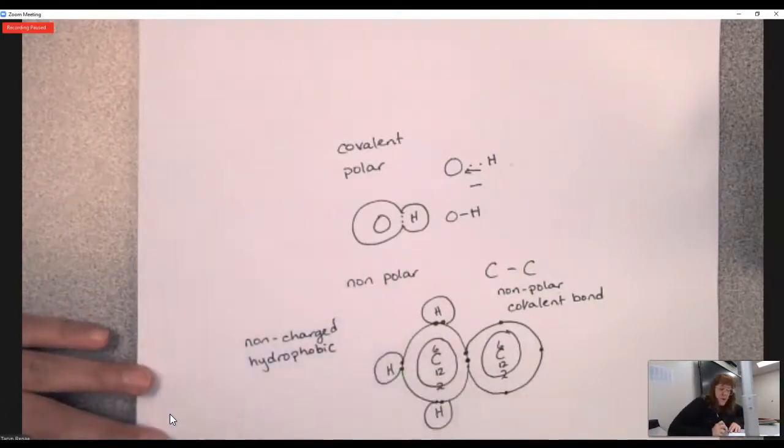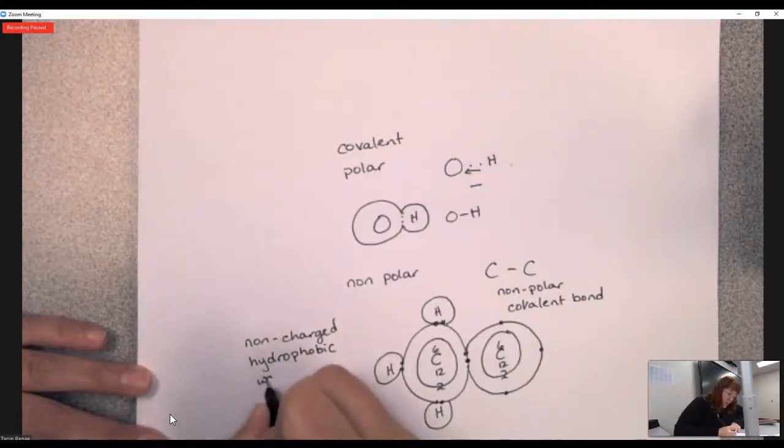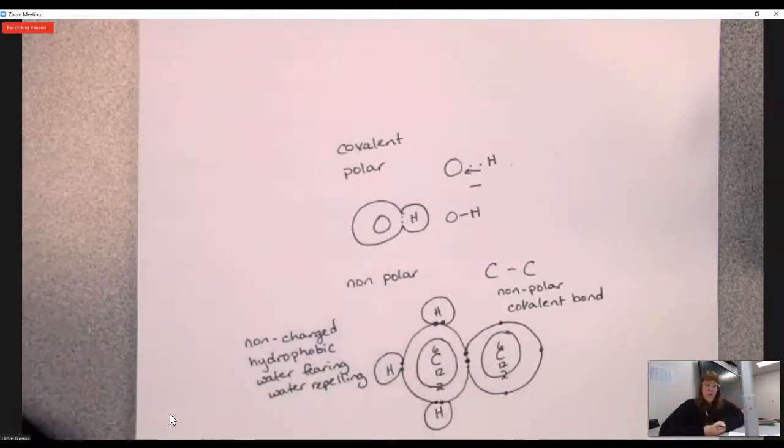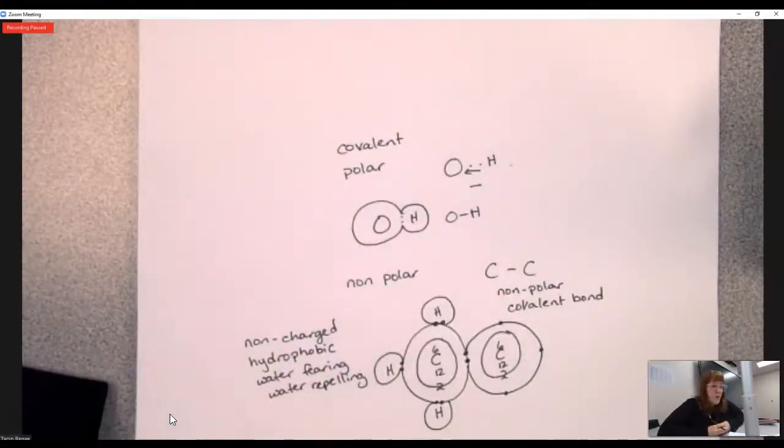Anything that's non-charged or non-ionic or non-polar, all of those words are kind of interchangeable. All of those are hydrophobic, or water-fearing, or water repellent. Water does not get along with them at all. Imagine you smear a whole bunch of butter on a table and then you put water on top.